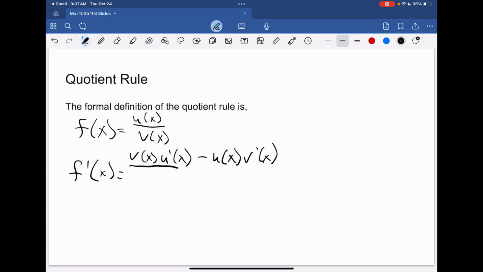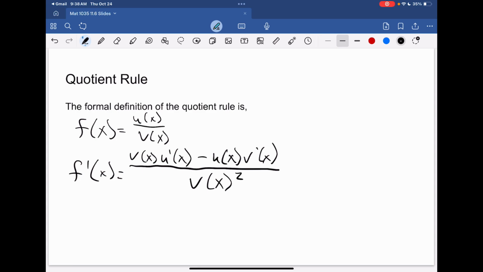Okay? And we divide that whole thing by the denominator squared. For me, that's a lot of u's and v's, and the order does matter because I have subtraction, so I have to make sure I get those in the right position.